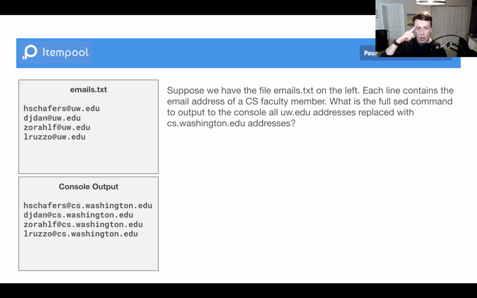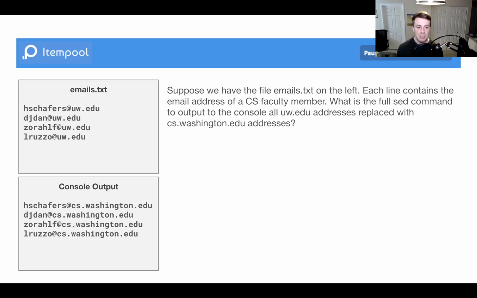Now, one thing I forgot to mention or forgot to update in these slides is that if you look in the file, some of the lines might already have cs.washington.edu addresses, and so we don't need to change those. So you should only change uw.edu to cs.washington.edu. And to keep things simple, just print it to the console. You don't need to change the backup file or anything like that. So go ahead, take a minute or so, and try this out.